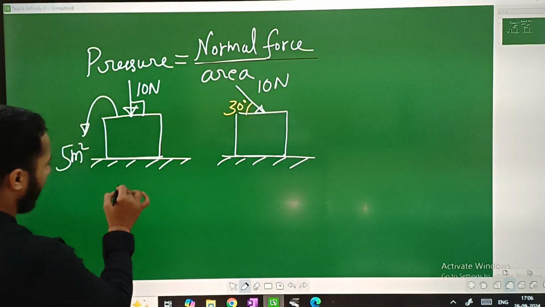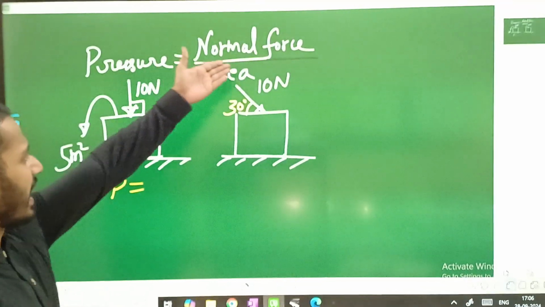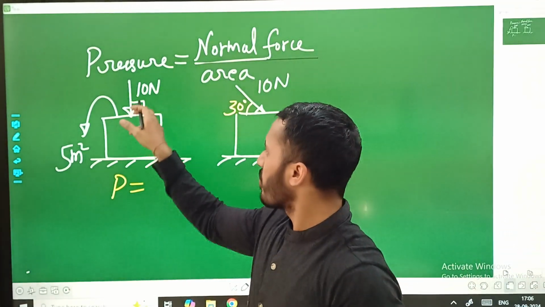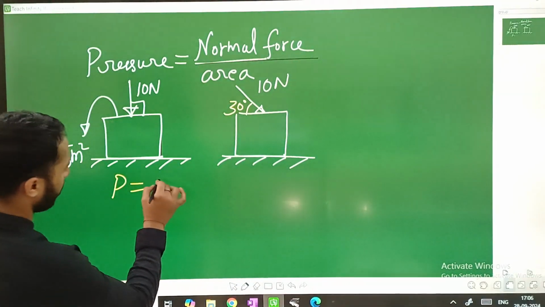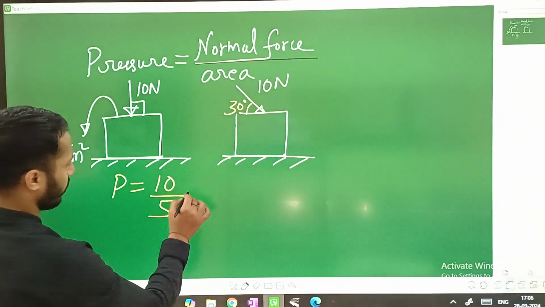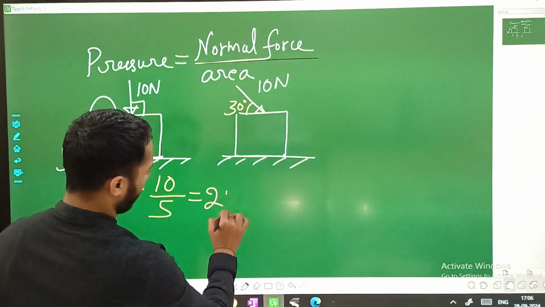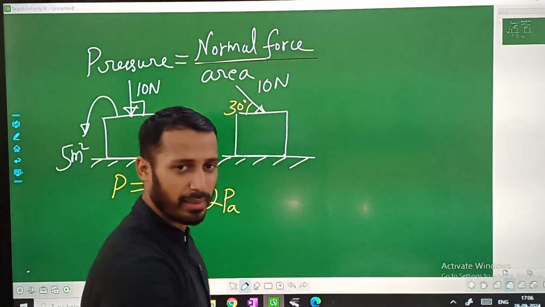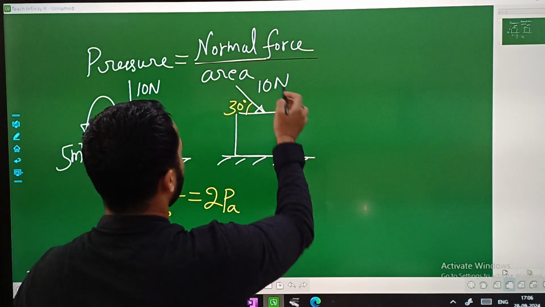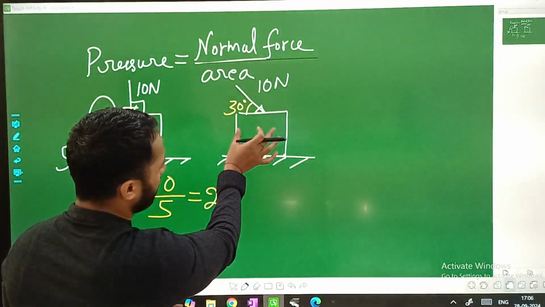So if I ask you to find out the pressure in this case, of course as per our definition, normal force per unit area, and here the force is normally acting, so you will simply put the value 10 upon how much area? 5. So you will get 2. And the SI unit of pressure is Pascal, so of course 2 Pascal. Very simple. Coming to this case, this force is not acting normally, so how to calculate the pressure?